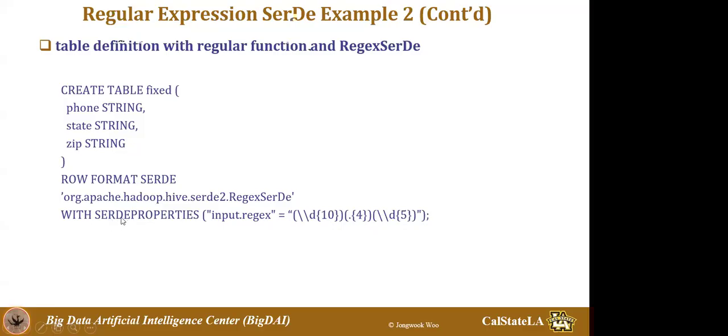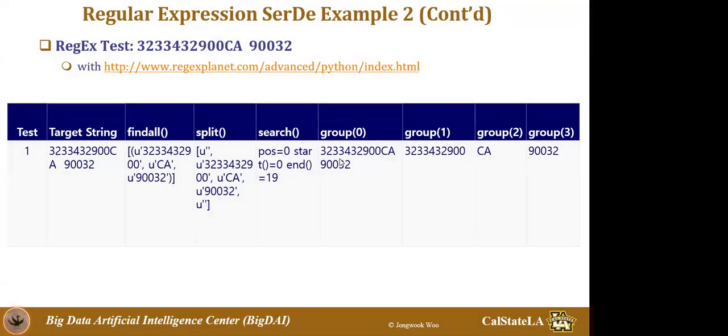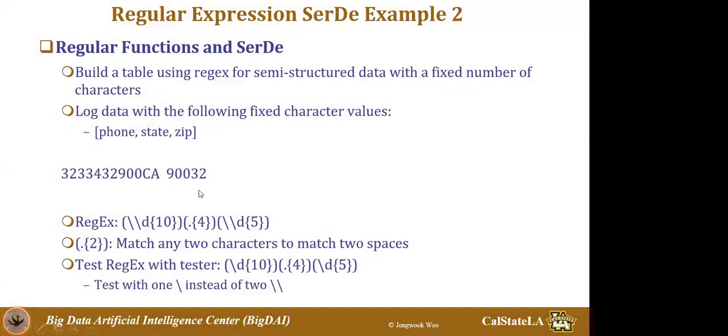And then you also need to set the regular expression properties with the three patterns. Okay? Then you create this table using this regular expression to read this data that is located in your HDFS. You know, very easy, right?